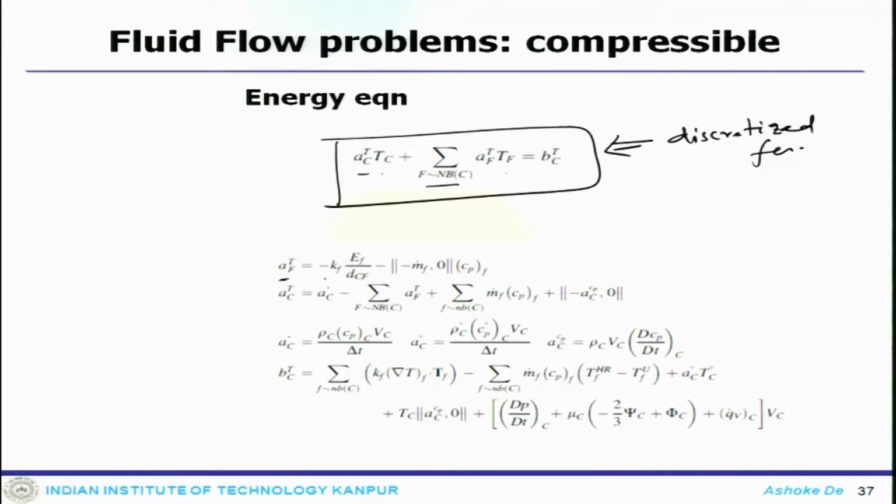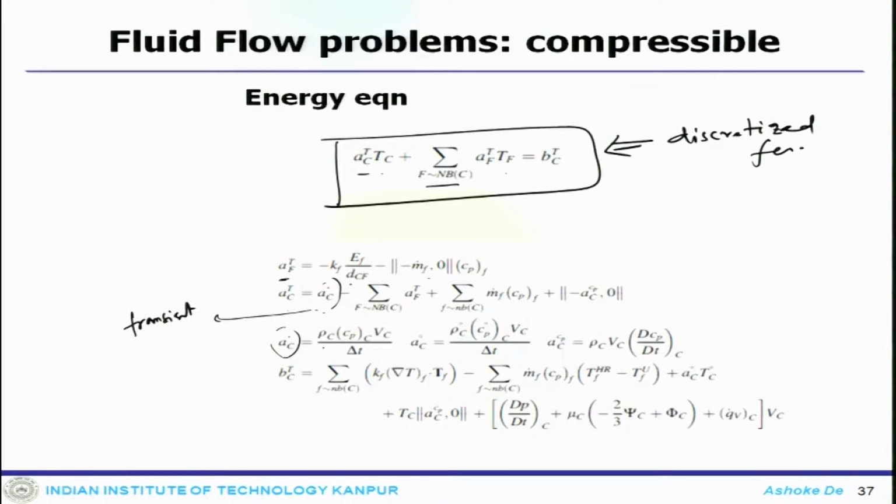Coefficients AF here are minus KF, EF by DCF minus mass flow rate CPF. ACT is AC minus this, and this guy is the transient contribution.